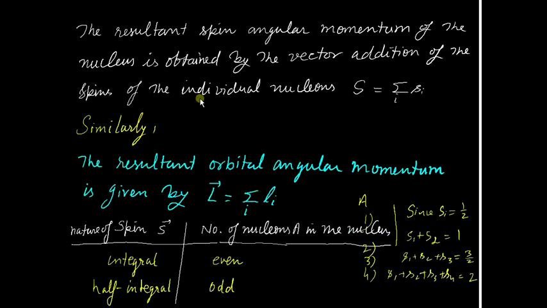This is a very simple definition, and further we will see, if a nucleus has a large number of nucleons, how one can define the nuclear spin.